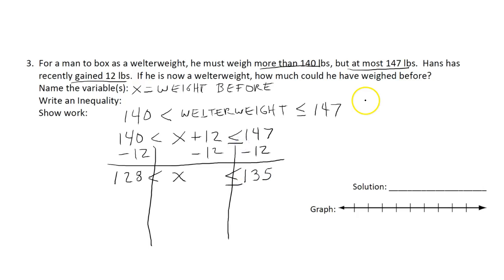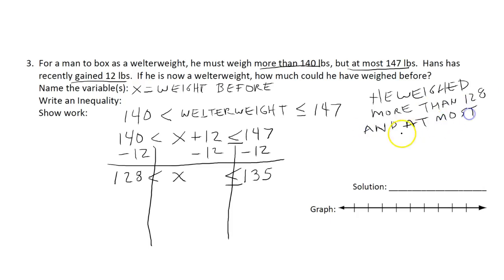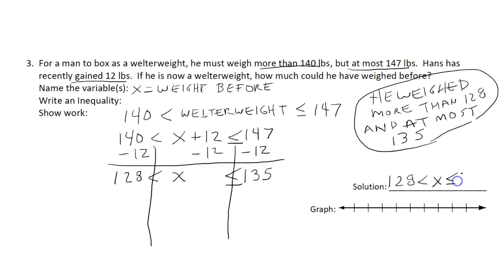To say this answer in words, what we would need to say is that he weighed before more than 128 pounds, but he also weighed at most 135 pounds. To write this algebraically, we would write 128 is less than x, which is less than or equal to 135.